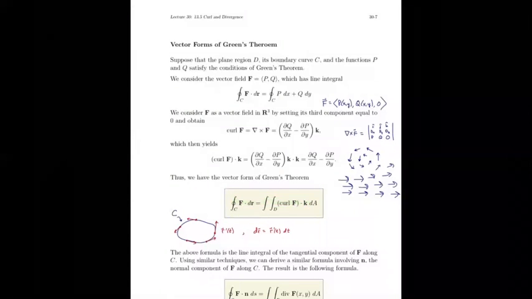And we'll suppose that we have a plane region D that has a boundary curve C. It's a simple closed curve C. We'll assume it's smooth, piecewise smooth at least, simple closed, all the nice things we need for Green's theorem. We consider a vector field F, which is equal to P and Q. And P and Q are each functions of x, y.